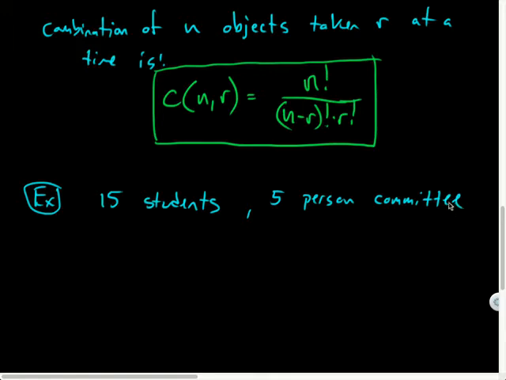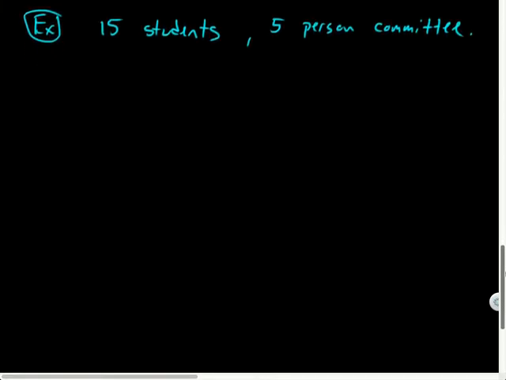So how many 5-person committees can be formed from 15 students? That would be a combination, because in a committee, you're all of equal authority. There's no position. So it would just be combo 15, 5.